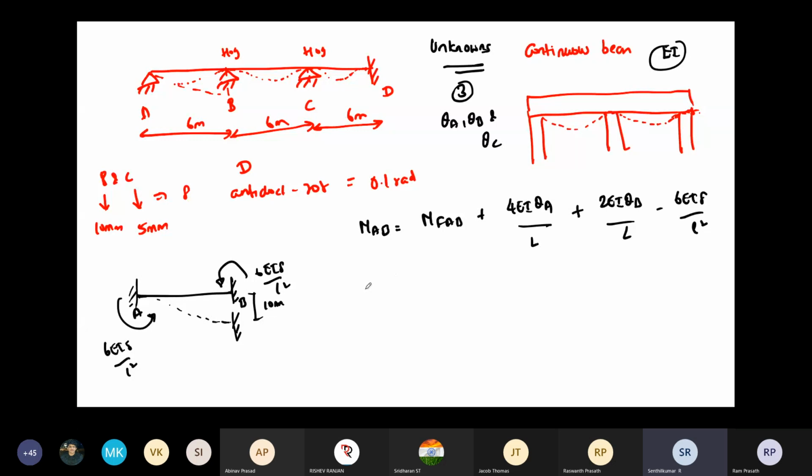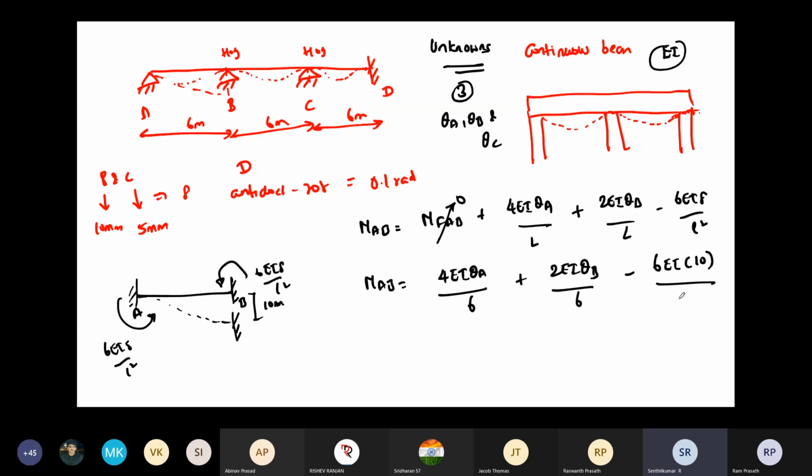So MAB equals, MFAB is 0 because we don't have any loads. 4EI theta A by L, yeah sure, theta A is unknown, should be there. Length of the beam is 6 meter. Then theta B, obviously that is also unknown. L is 6 meter, minus 6EI, delta is 10 mm. Keep everything assuming mm only.